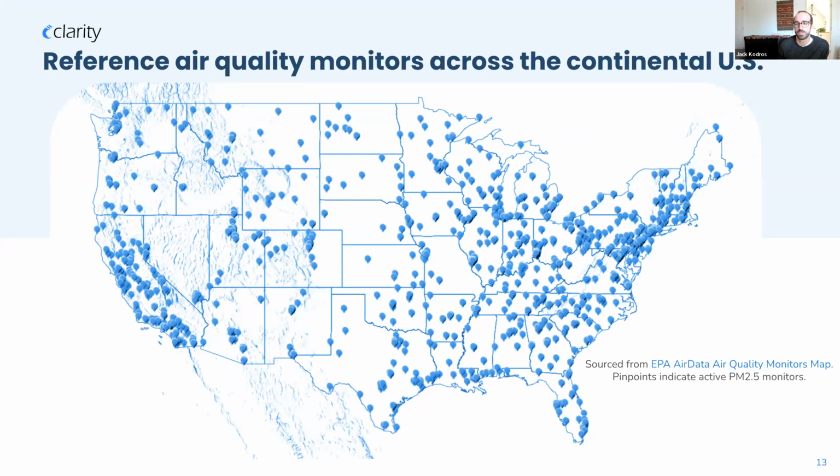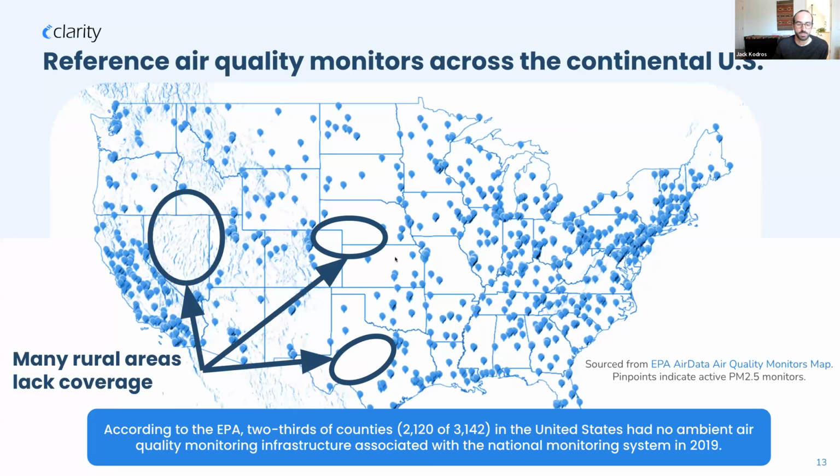Compared to most other countries, this is a fantastic network and it's a great data source. However, we can already see that there are gaps in our measurement system, our measurement network. For one, rural areas, many of them have no measurement reference instrument. Almost 2/3 of counties in the United States have no air quality measurement infrastructure whatsoever.